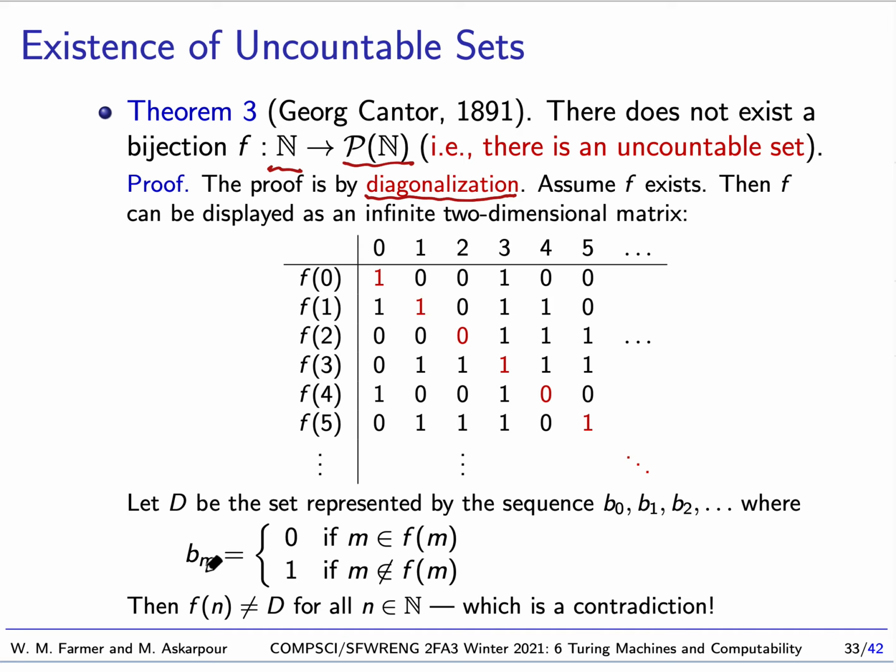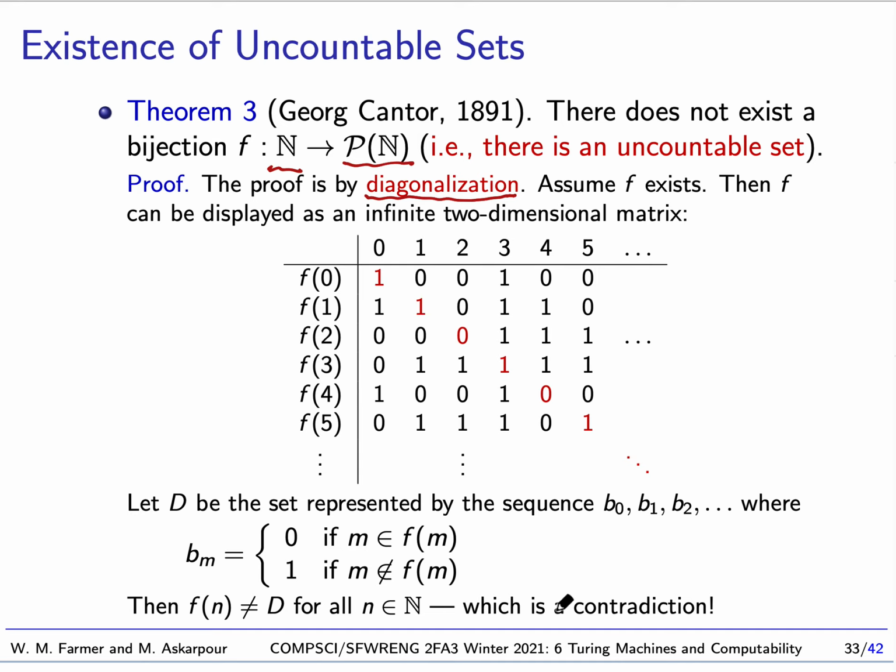The mth member of this sequence, beta m, will be 0 if m is a member of f of m. So I go down and find f of m. I go over to m, and I see what's there. If there's a 1 there, I'll make beta m 0. If m is not there, which means there's a 0 there, I'll make beta m 1.